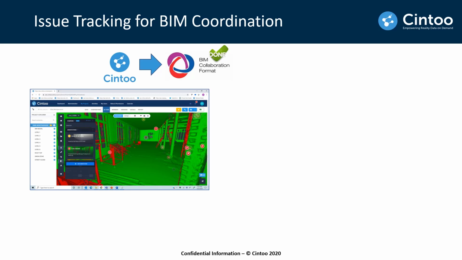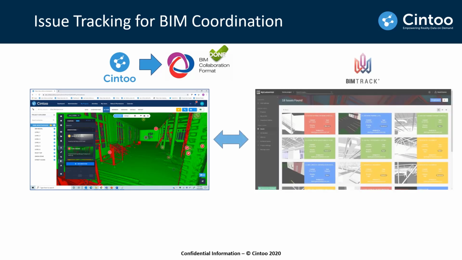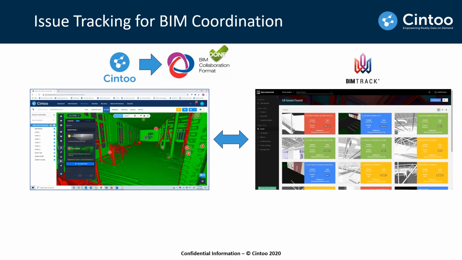As Rob mentioned earlier, we have been working on this cloud-to-cloud connectivity with BIMTrack, one of the leading platforms for BIM coordination as well. This is about pushing issues from Cintoo Cloud to BIMTrack, but also syncing issues between the two platforms, like updates and comments.